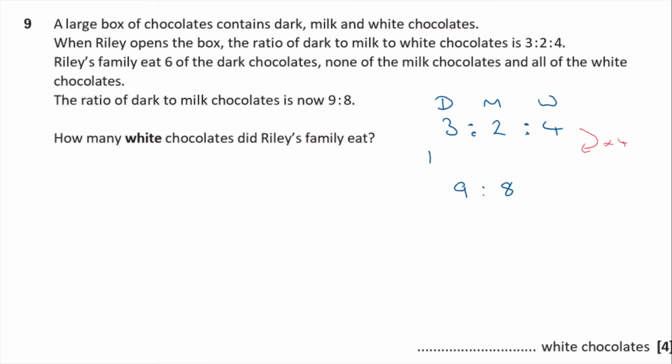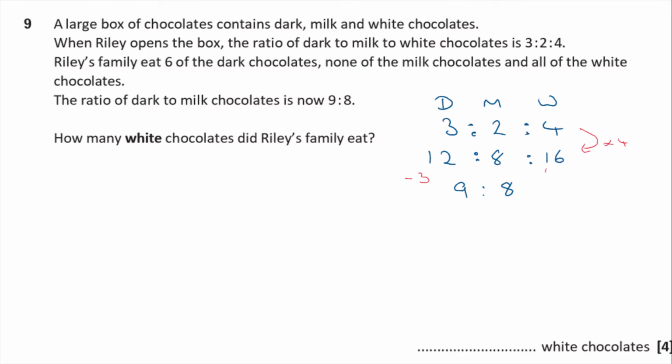So that would be 12 to 8 to 16. Okay, so they kind of match up, don't they? So then we can see that 3 shares of the dark got eaten, from there to there, and the number of milk chocolates stayed the same.